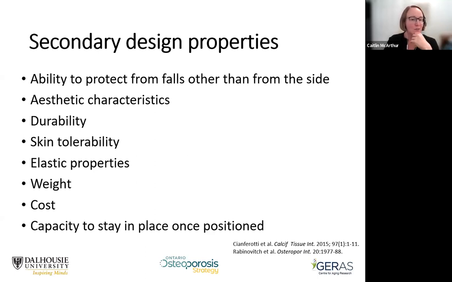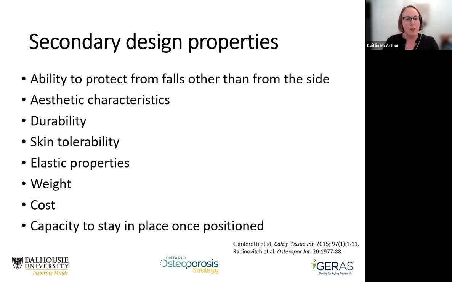Aesthetic characteristics. One of the biggest challenges with hip protectors is people not liking to wear them because they don't look nice and they're uncomfortable. So really, making sure that they are aesthetically pleasing for people as well. Durability is also really important, making sure that they will last and will sustain a fall, whether they're designed to only sustain one fall or designed for multiple falls, but they should be durable.